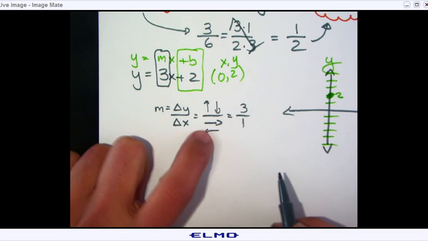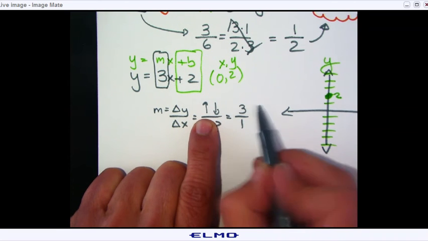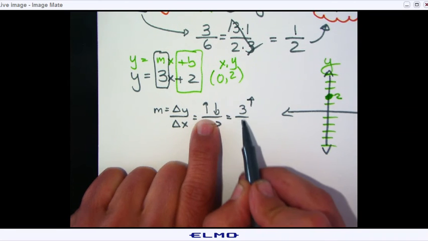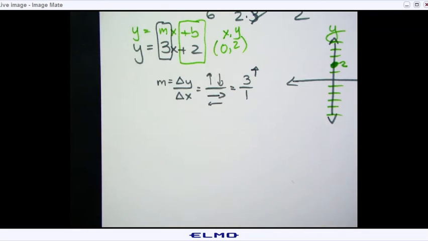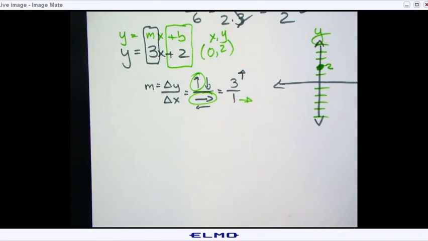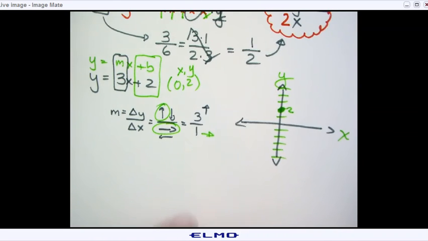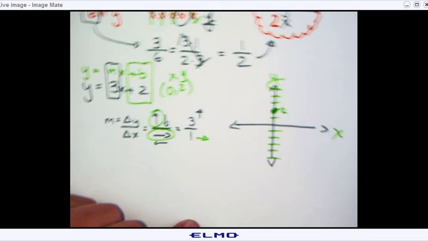But it's 3/1, right? 3/1. So it's positive. So I'm gonna go up, and then positive, I'm gonna go to the right. So all you gotta do is go 1, 2, 3 up and to the right. 1, 2, 3 to the right. You guys ready? All right, here we go, guys. Come on.